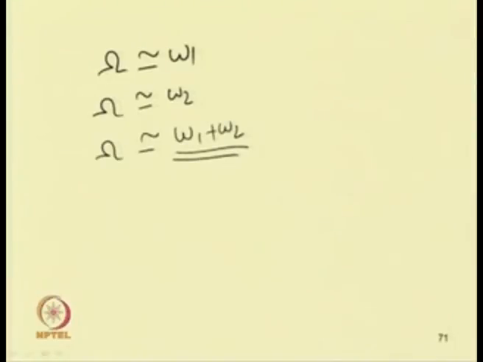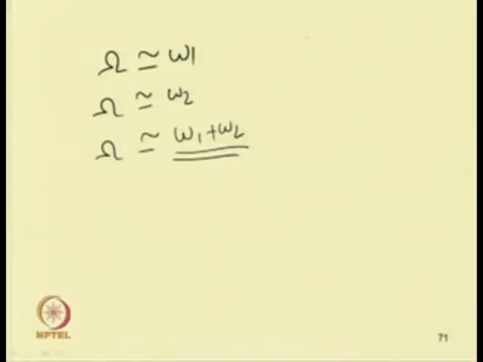So, different resonance conditions one can study. Some of the resonance conditions are written here. Omega may be the combination of omega 1 plus omega 2. So, this is a combination type of resonance.